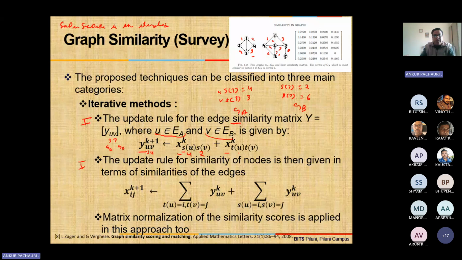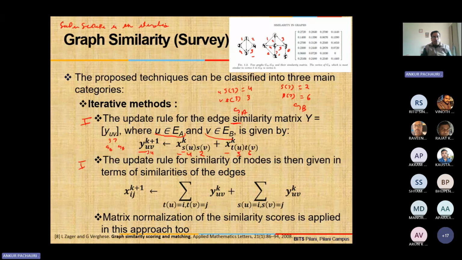And target of U is 3 and 6. So whatever the value was at 4, 2 plus whatever the value was at 3, 6 is added into the edge similarity value of 3, 4. Edge 3, 4. Okay.